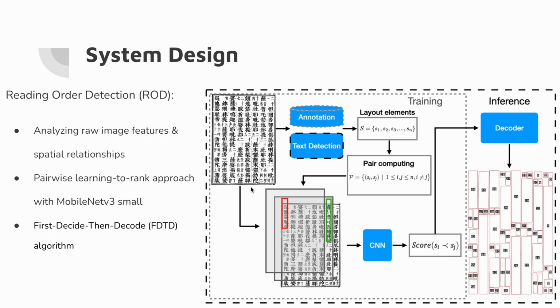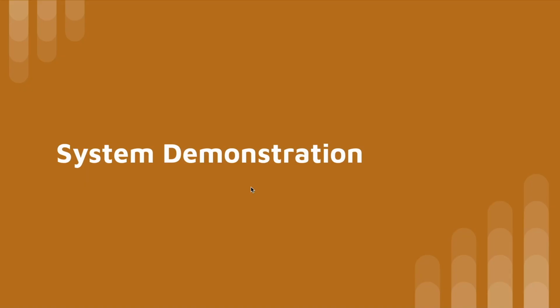Pairs of text blocks, along with corresponding raw image features, are encoded using a convolutional neural network, in this case the MobileNetV3 small version, to compute a pairwise probability matrix. This matrix captures the likelihood of one block preceding another. Finally, we employ the First Decide and Decode algorithm to efficiently decode the matrix and reconstruct the reading order.